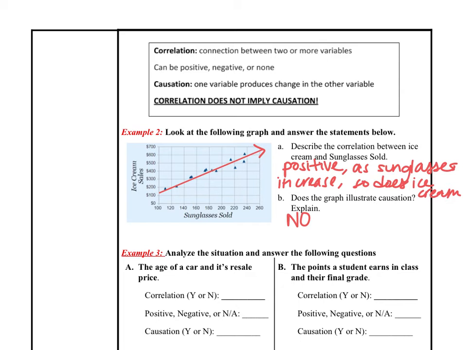Think of some outside factors. Like maybe it's hot outside, and so that's causing both of these to go up. So then the reason for the ice cream sales would actually be the heat outside and not this rise in sunglass sales. While those two are related, as one increases, so does the other, it's not because sunglass sales are rising that ice cream sales are rising.